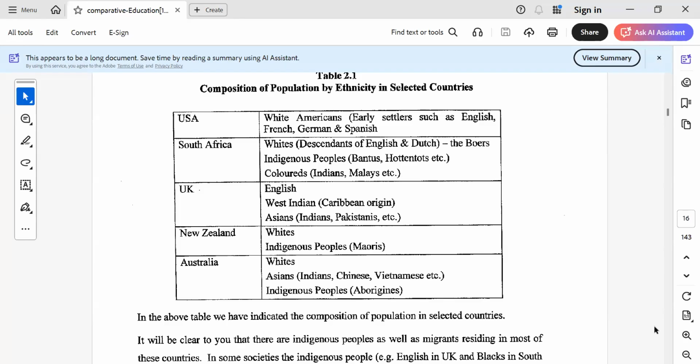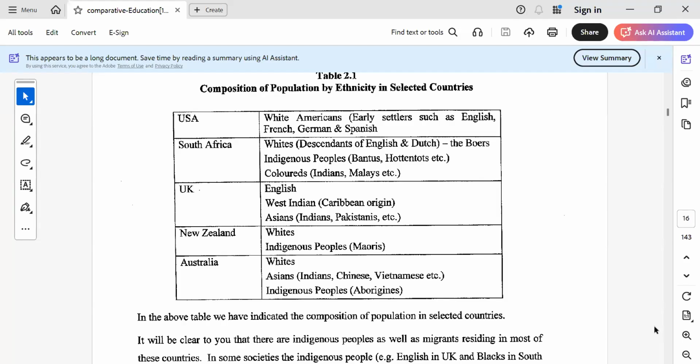So here in this module, second chapter, comparing 5 countries: USA, South Africa, UK, New Zealand, Australia. Here, the composition of population by ethnicity in selected countries.